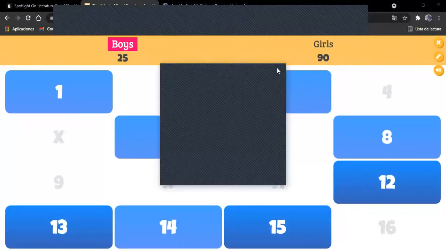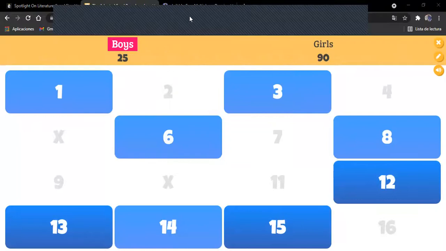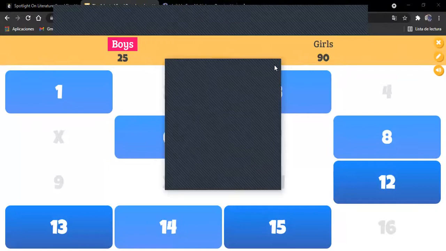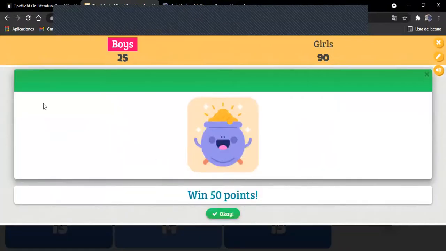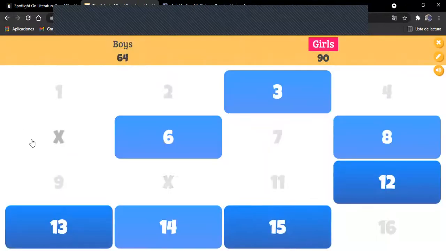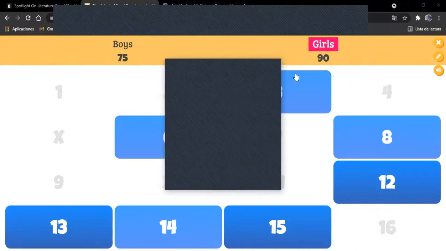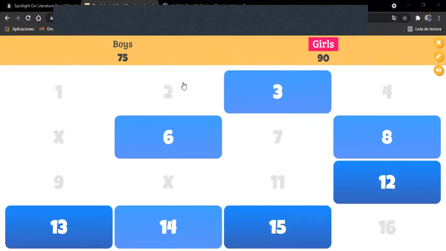Gabriel Méndez, a number. Number 1. Thank you, Omar. Wow, Omar, you're a lucky charm. You really are a lucky charm. You have given 50 points to your team. And now you're close. Okay, ladies.